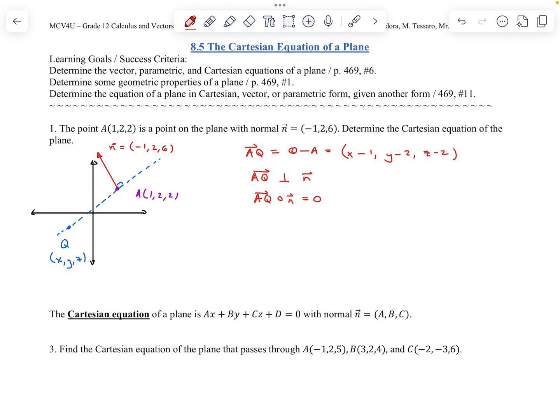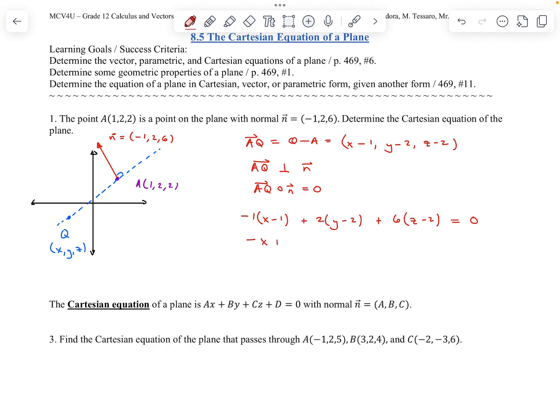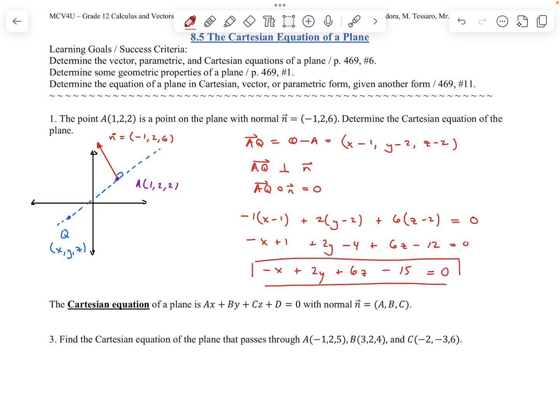So I want -1 times (x minus 1) plus 2 times (y minus 2) plus 6 times (z minus 2) to be 0. And I'll expand that, and then I'm going to collect like terms. And that's what we call the scalar or Cartesian equation of a plane.